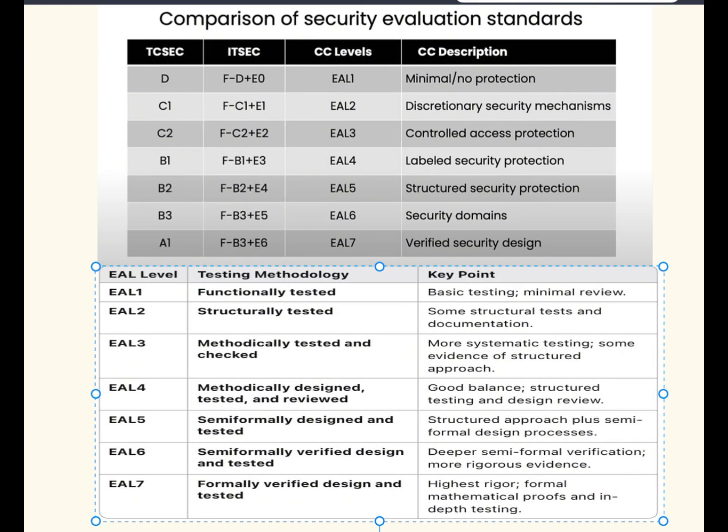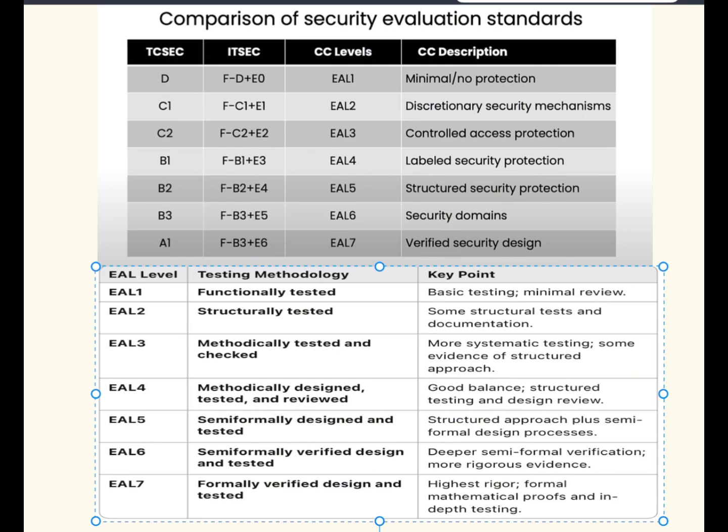Organizations often aim for EAL4 for a balance of security and cost. EAL7 is rare, used for critical national security or military systems. So common criteria is the modern standard. TCSEC, the US Orange Book, and ITSEC, European, are historical legacy frameworks that influenced CC.